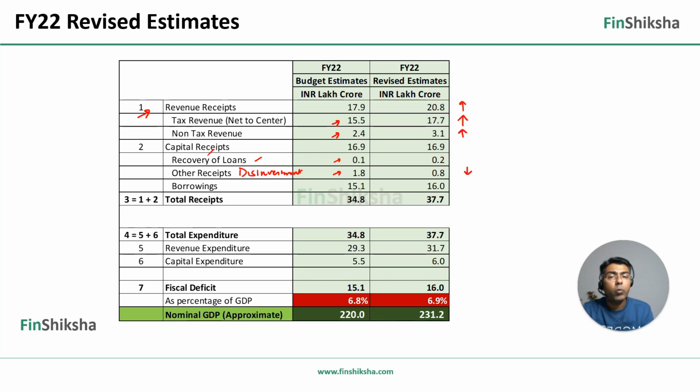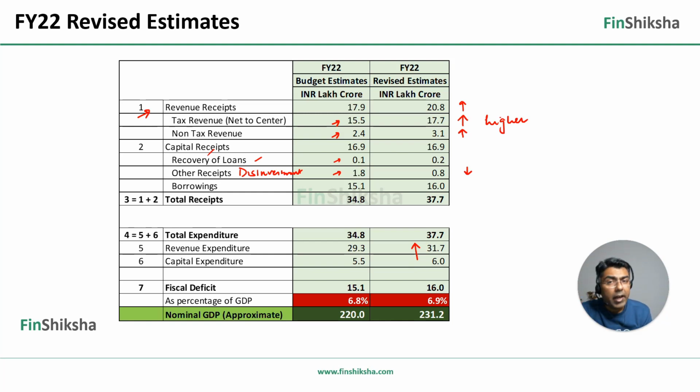Because the government was able to get higher tax revenues, right? Because tax revenues were higher, the government was also able to spend more. In addition, the GDP growth estimates were slightly better than what the government had initially projected in the budget estimates, right? Given that in mind, you will see that both revenue expenditure and capital expenditure have been revised upwards, right?